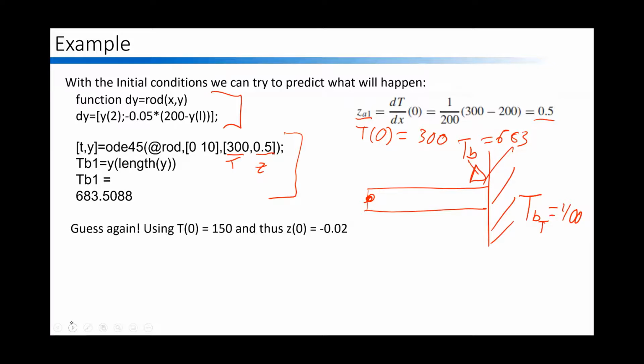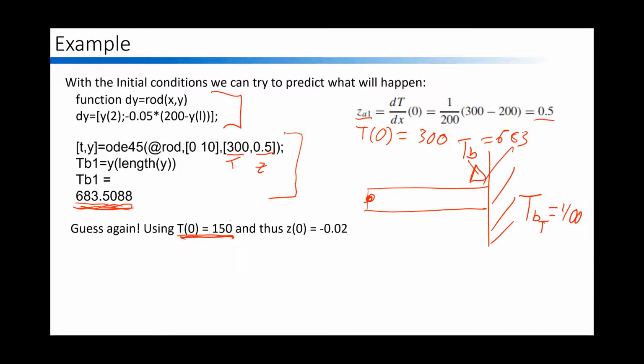Once again, we're going to guess some other number. Now, since we overshot what that T is on the far side, it makes sense that I should decrease my guess for T0. So instead of guessing 300, let's guess 150.